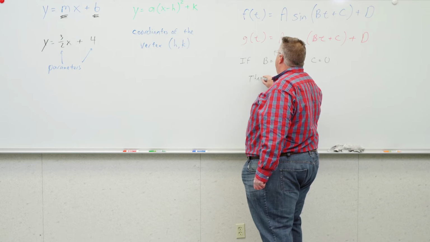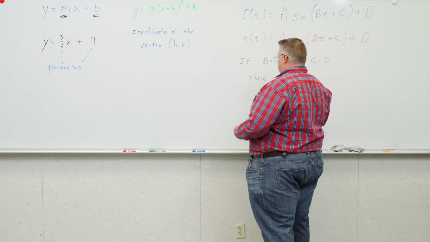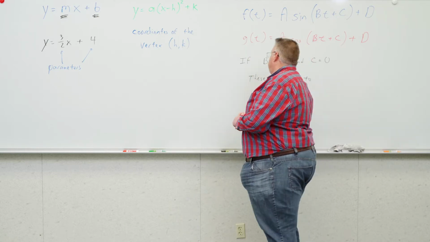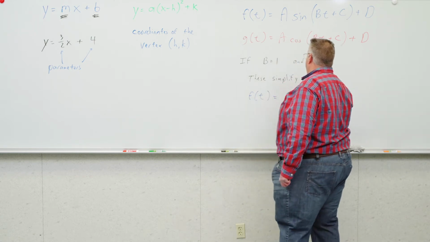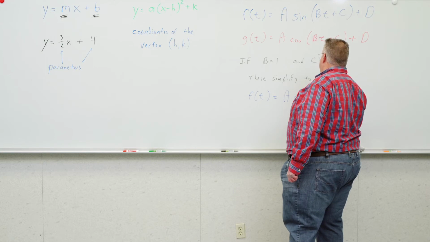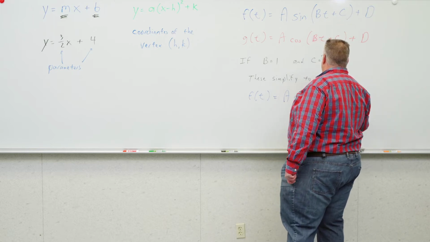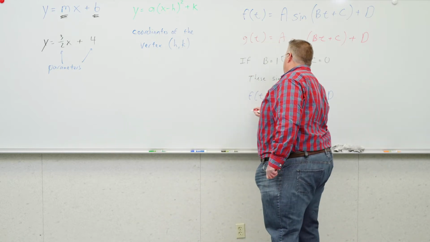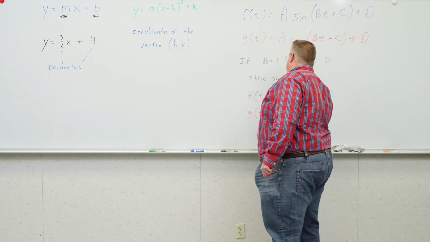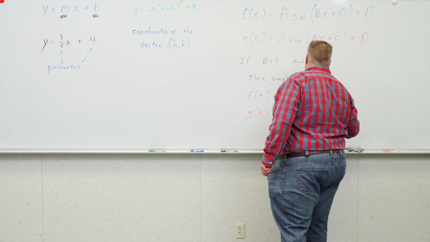So these simplify to f of t equals a sine of t, because again, 1 times t plus 0 is just t, plus d, and g of t equals a times the cosine of t plus d.